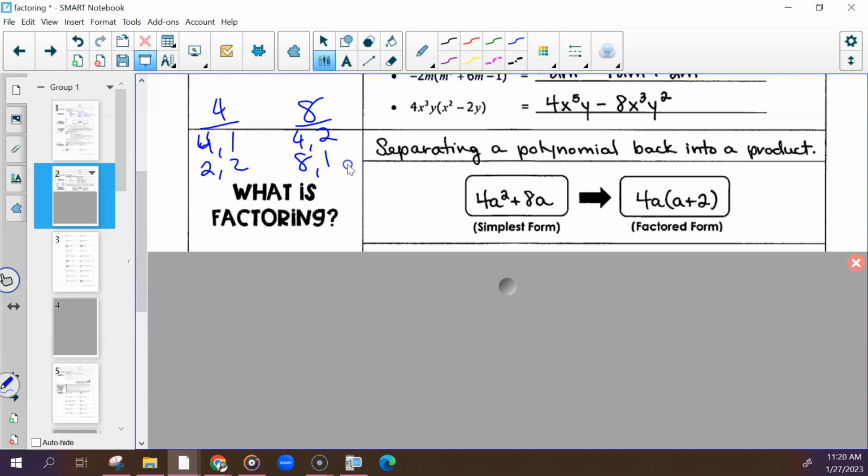Okay, so find the highest number that they share. So they both have a 1, they both have a 2, but they both have 4, and that is the highest out of both of them. So what we do with that number is take what's given and start dividing.